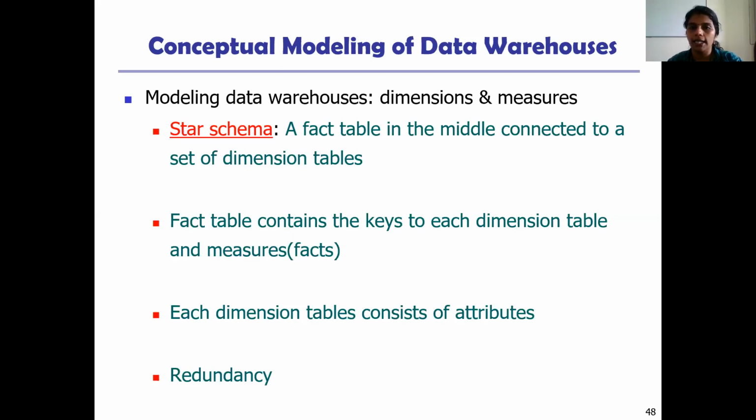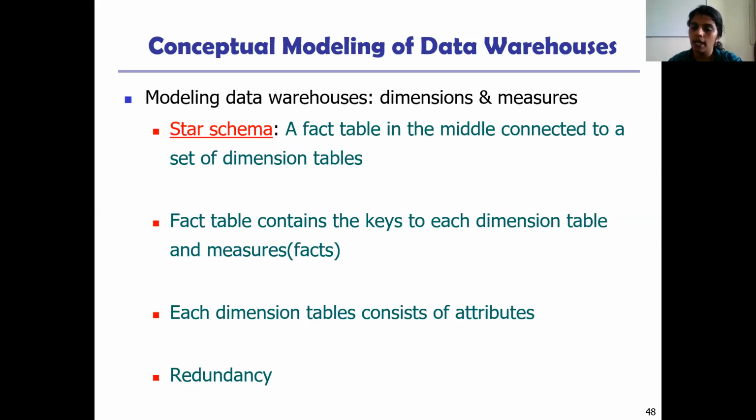Dimensions are entities which represent the records, and facts are entities that relate the dimensions. So in star schema, you will have the fact table in the middle, which is connected to a set of dimension tables.